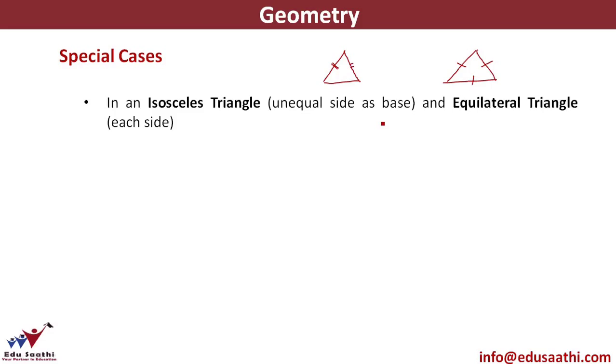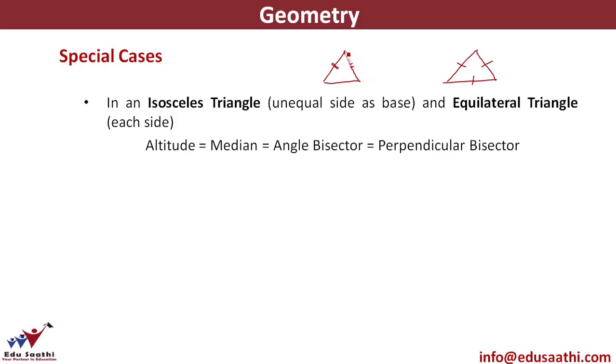What happens is, if I draw an altitude from here, that altitude will be equal to the median, will also act as angle bisector, will also act as perpendicular bisector. So in case of an isosceles triangle, if an altitude is drawn from the vertex which joins the two equal sides, that altitude also acts as median, angle bisector and perpendicular bisector.